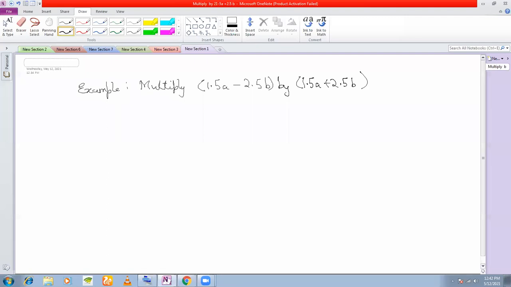These two you need to multiply. So what will happen here is 1.5a minus 2.5b we are multiplying together.